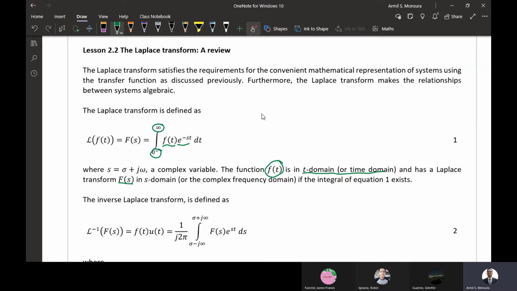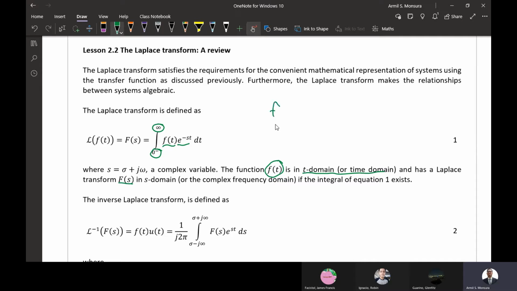Okay? So, unang-una, in terms of notation, gagamitin natin yung lowercase variable name, okay? Whenever we are dealing with the variable in time domain. Okay? So, say for example, yung variable nyo, the variable is f. Okay?